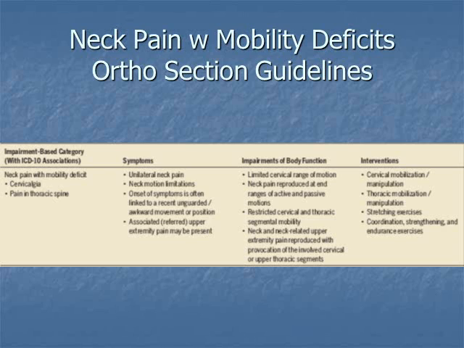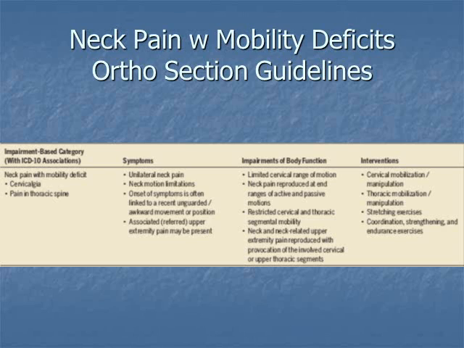Impairments are limited range of motion. Neck pain reproduced with range of motion, particularly at end ranges. We'll see restrictions in cervical and thoracic segmental mobility. And neck-related upper arm pain may be produced with provocation testing of these segments.